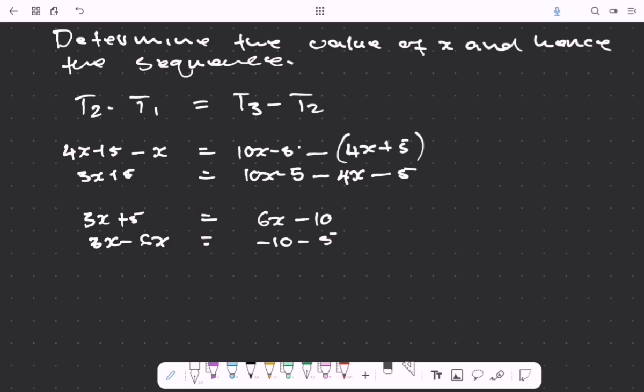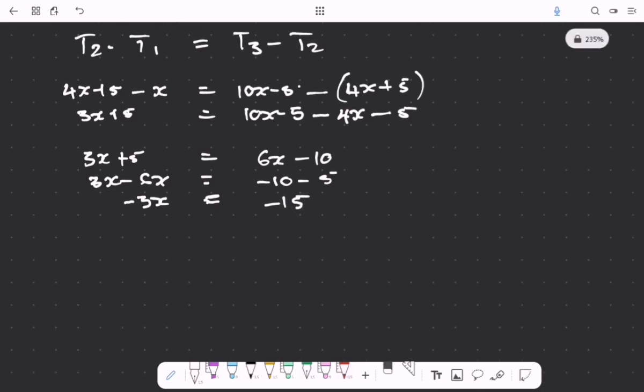All right, let's clean up here. 3x minus 6x is minus 3x, and minus 10 minus 5 is minus 15. Great. So we divide both sides by negative 3 and we get x is equal to what?